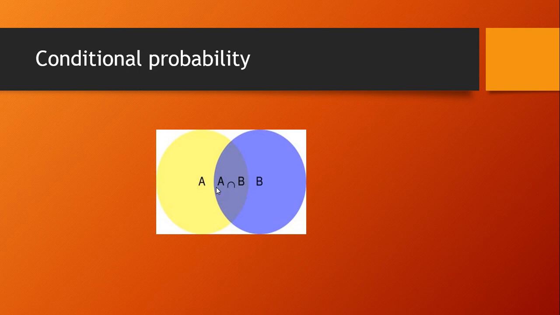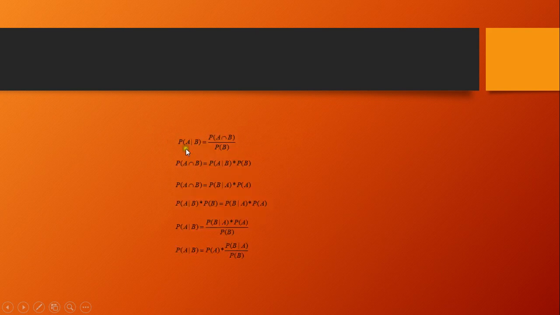Assume that there are two events, event A and event B. From this picture, we can see that if we want to know the probability of event A happening, given that event B happened, the probability should be this formula.